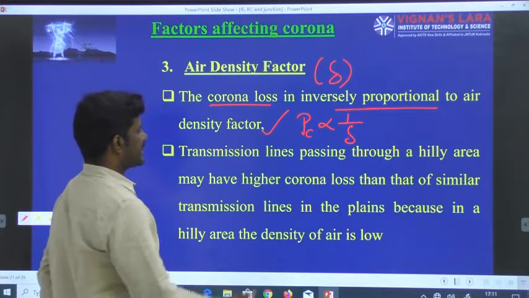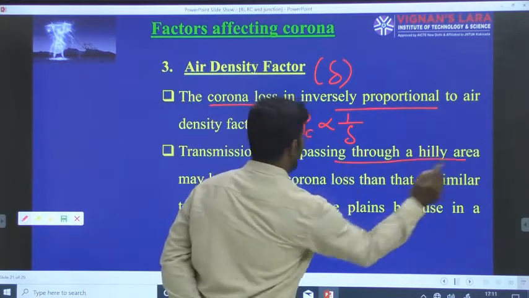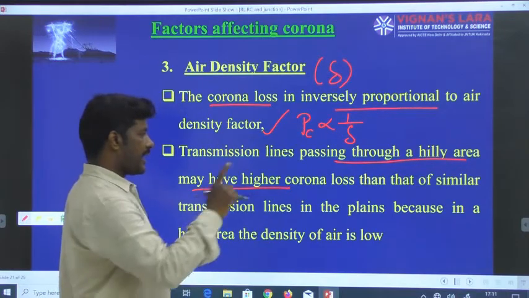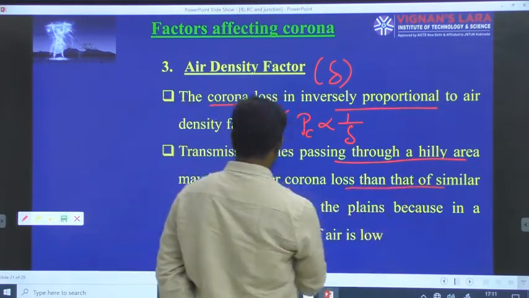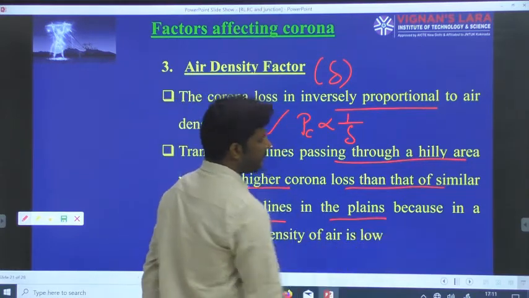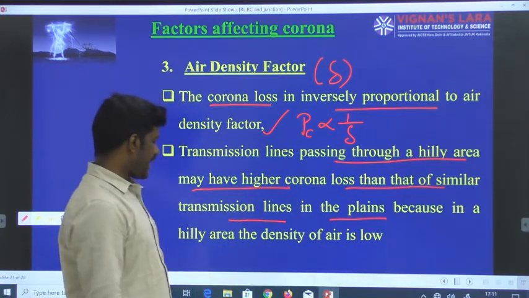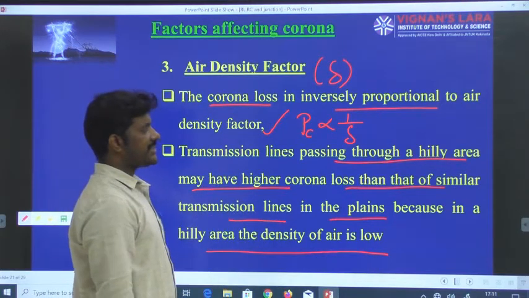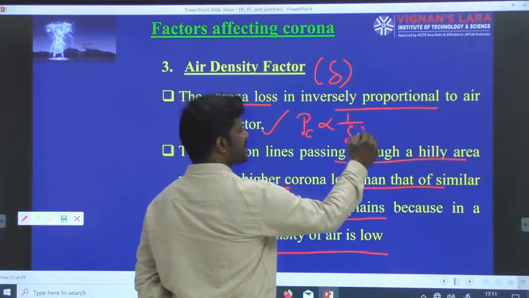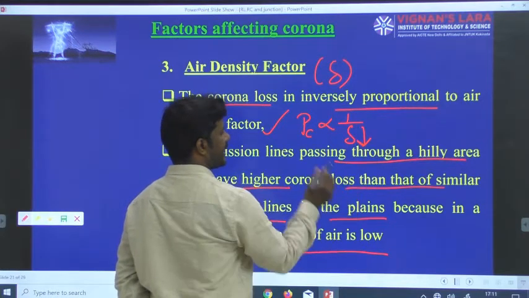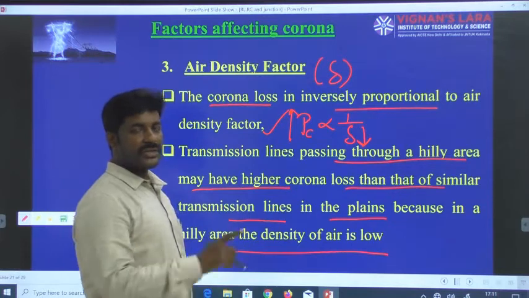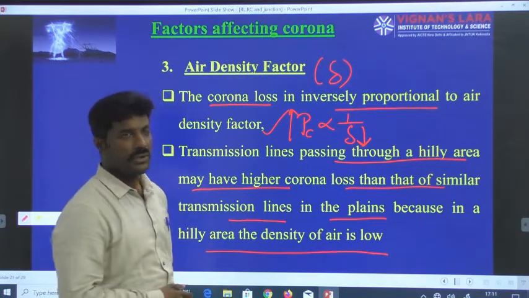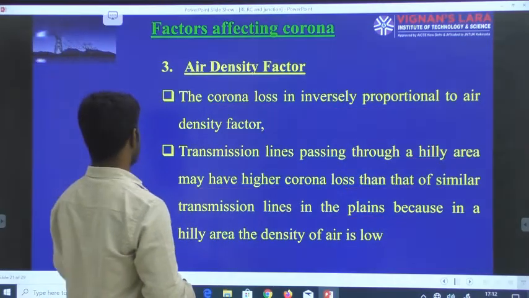So transmission lines passing through hilly areas may have higher corona loss than similar transmission lines in plain areas, because in hilly areas the air density is low. Since the air density is low, the power loss due to corona will be high. So it is inversely proportional to the air density factor.